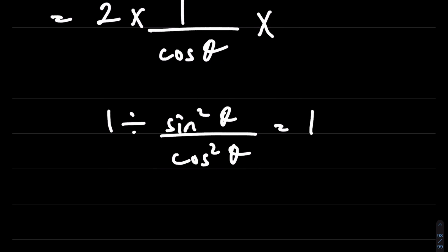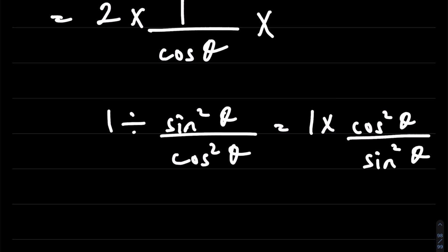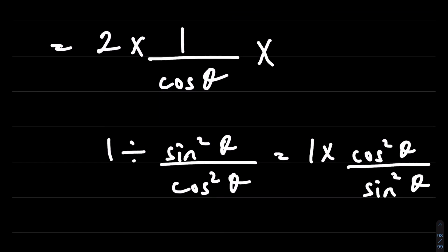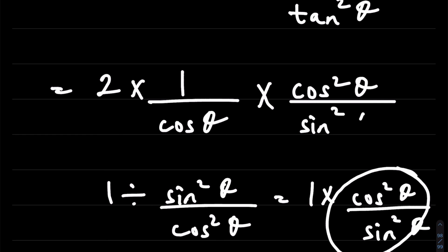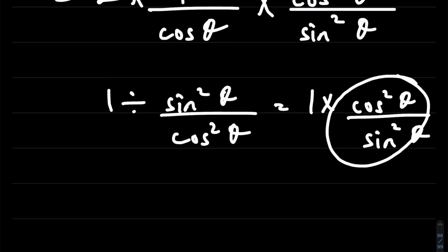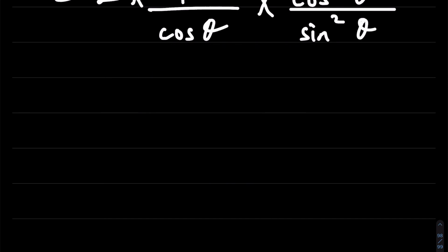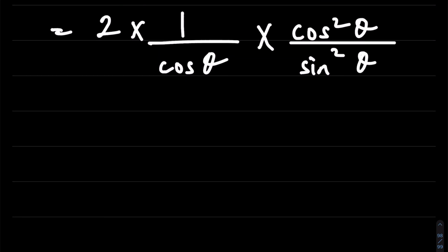This is simply 1 times cos squared theta all over sin squared theta. So 1 divided by tan squared theta is cos squared theta over sin squared theta.